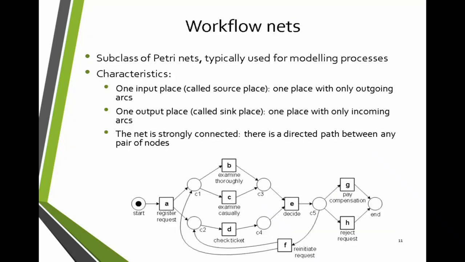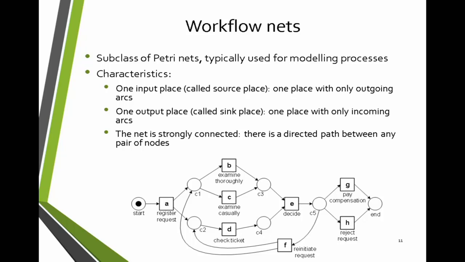This restricted class of Petri nets, we call workflow nets. Workflow nets are Petri nets which adhere to a certain number of characteristics, and those are basically the 3 that are listed here. A workflow net is the type of Petri net that we use for process modeling.